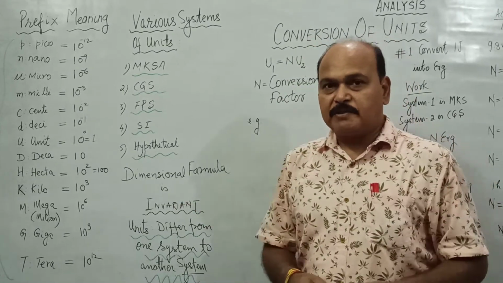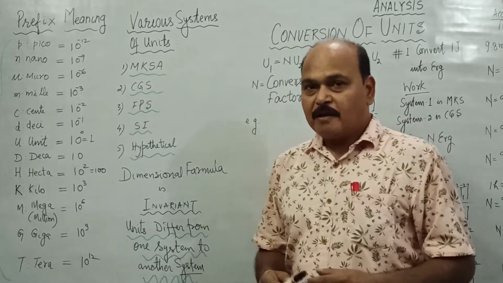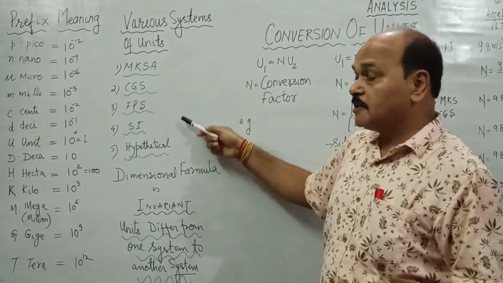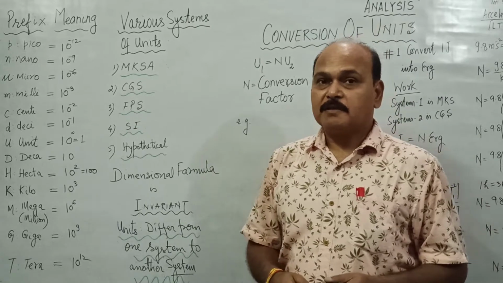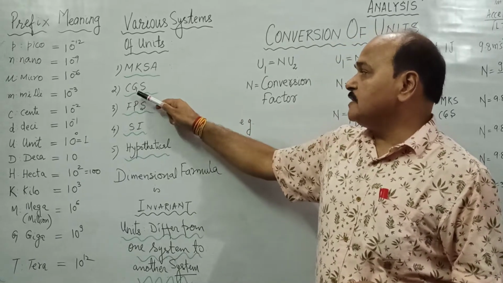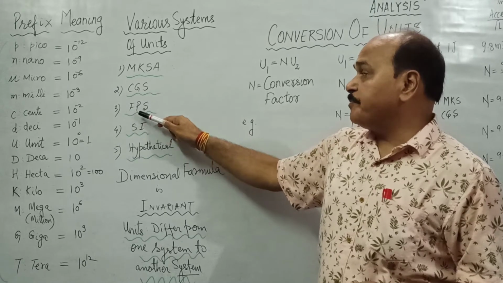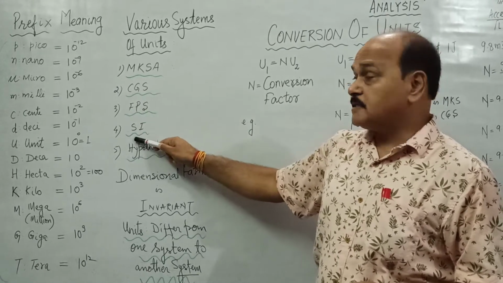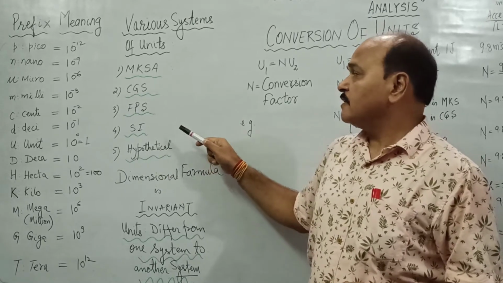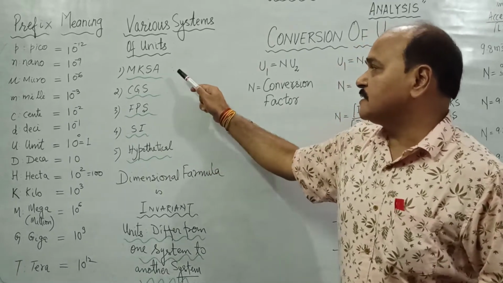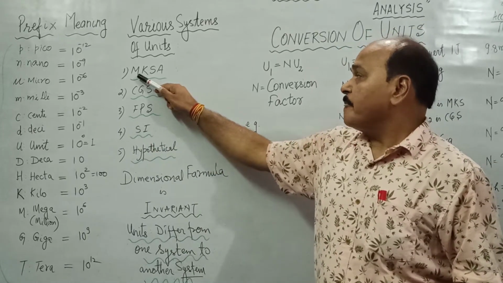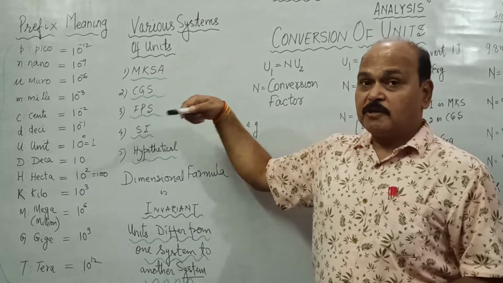Children, before we start with the conversion of units, let us know various systems of units which are prevalent the world over. These systems of units are MKSA system, CGS system, FPS system, SI system and hypothetical system. Well, MKSA system, what does this mean? M stands for meter, the unit of length.